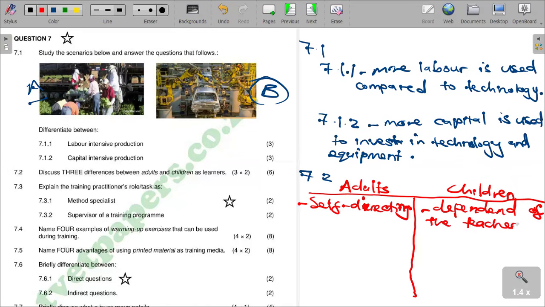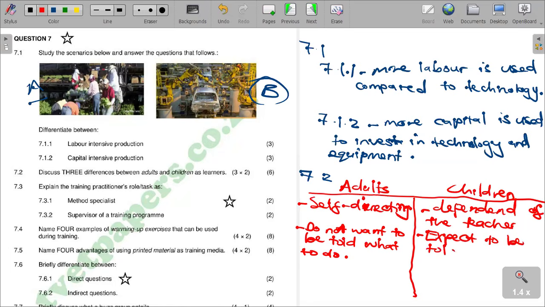Children depend on the teacher, right? And you can find that adults do not want to be told what to do, right? And children, they expect to be told what to do, right?